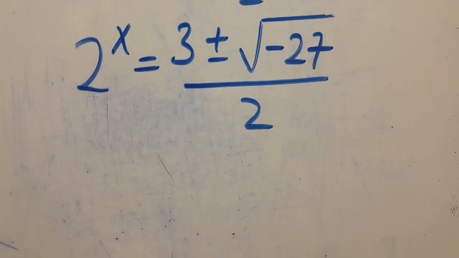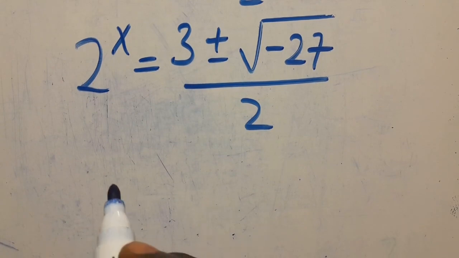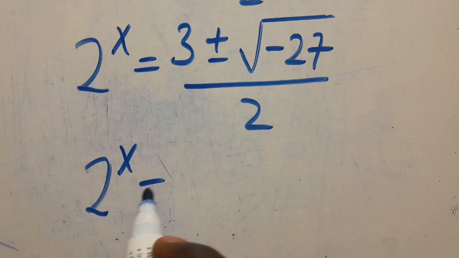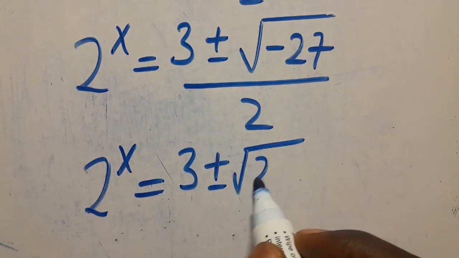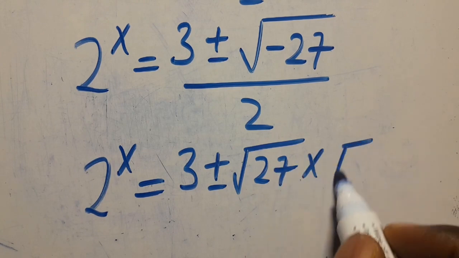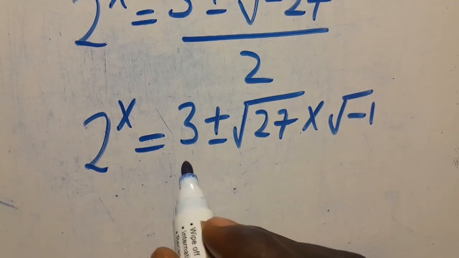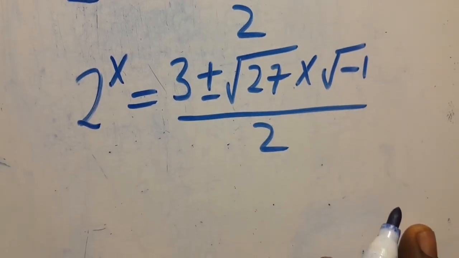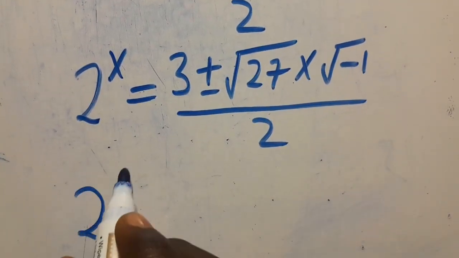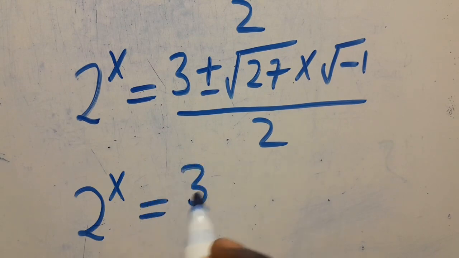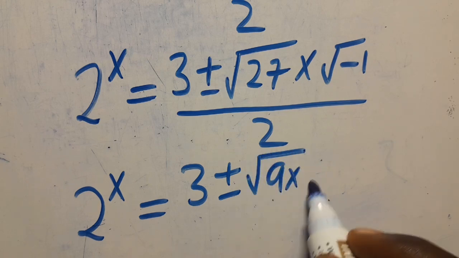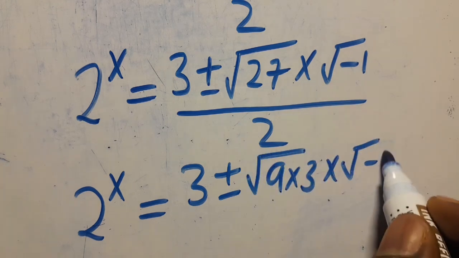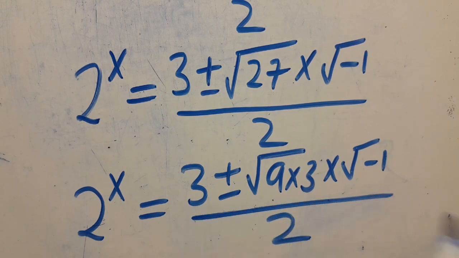From here, we have 2 to the power of x equals 3, positive or negative. We can have this as root of 27 multiplied by root of minus 1, then divided by 2. So we have 2 to the power of x equals 3, positive or negative, root of 9 times 3 multiplied by root of minus 1, divided by 2.